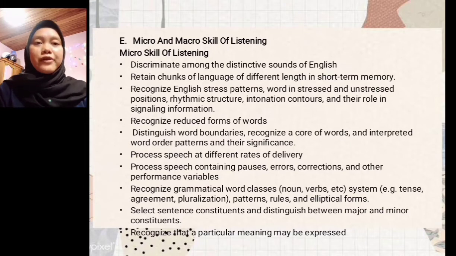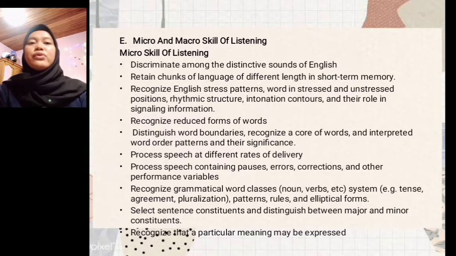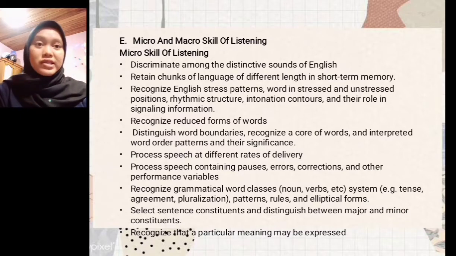For example, to understand the meaning of listening, when we listen to something, we will pay attention to the structure mentioned by the tape.